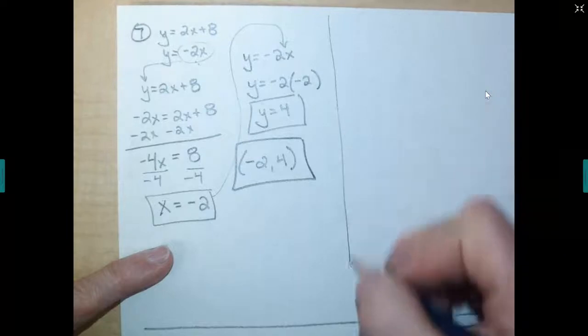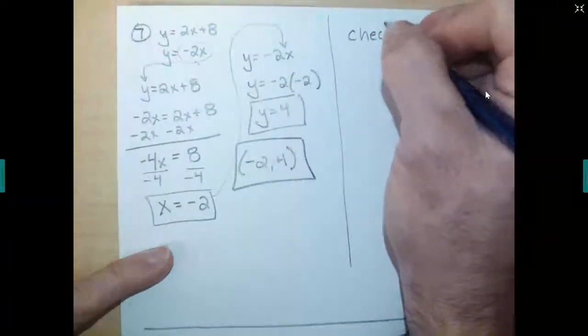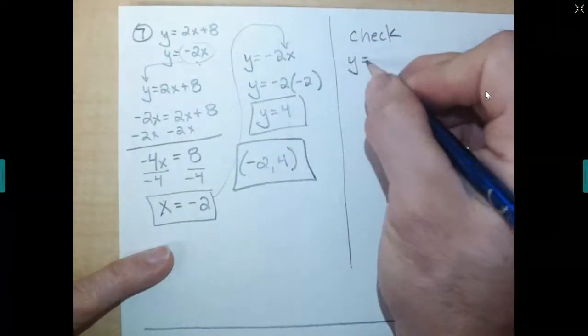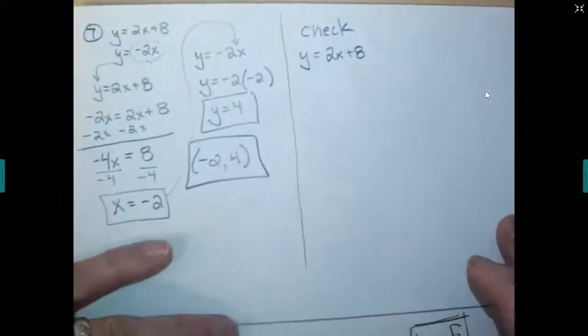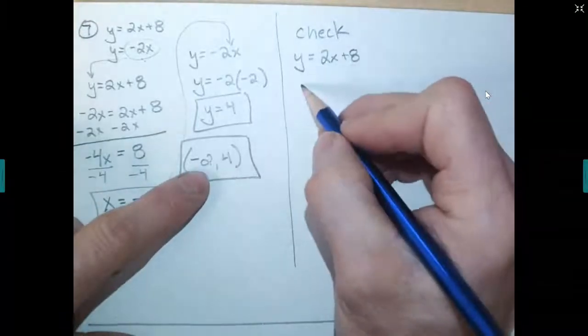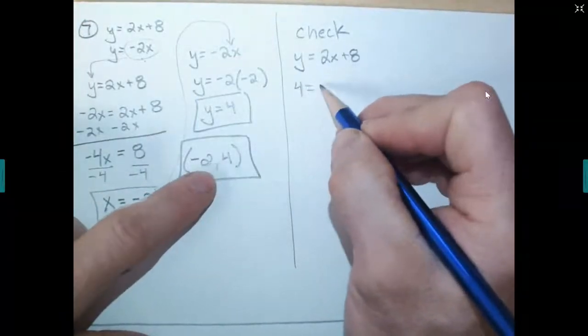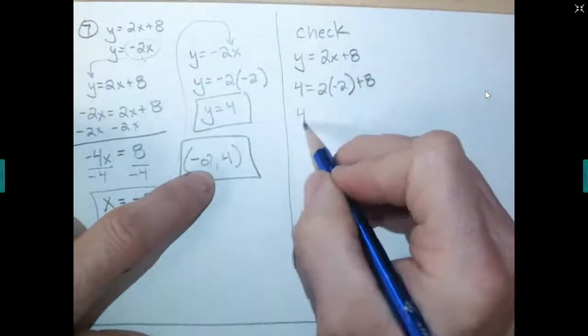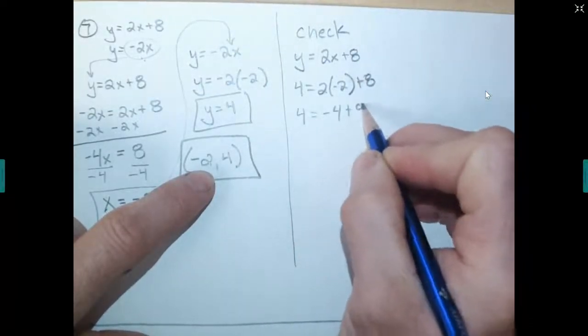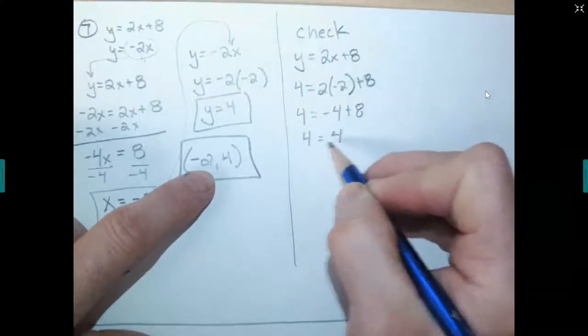But I'm going to want to check. Y equals 2x plus 8. So I plug these in. So 4 equals 2 times negative 2 plus 8. 4 equals negative 4 plus 8. 4 equals 4.